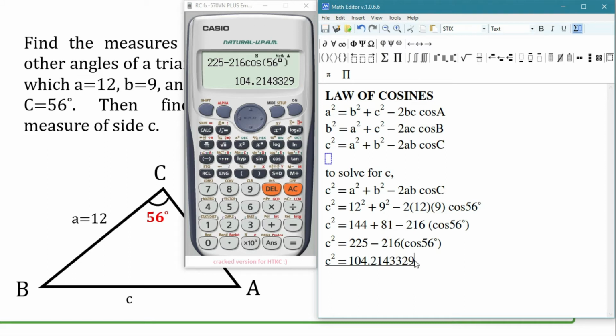Okay, and then after this one, since c lang naman yung hinahanap natin, ang gagawin natin is for us to extract the root of both sides. So we have the square root of c square equals the square root of 104.2143329.